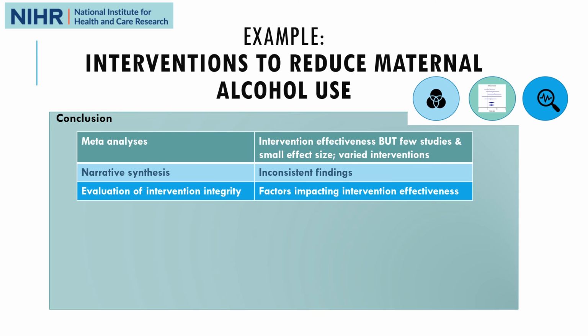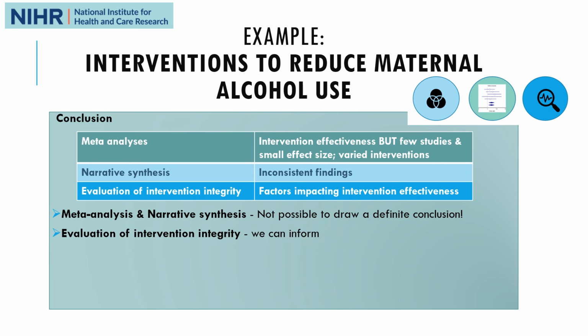Now, the data summarized in the narrative synthesis don't provide sufficient evidence to determine the effectiveness of pregnancy-specific alcohol interventions, as findings were inconsistent. So, therefore, it was not possible to draw a definite conclusion based on the evidence provided by the meta-analysis and the narrative synthesis with regard to alcohol reduction interventions for pregnancy and motherhood.